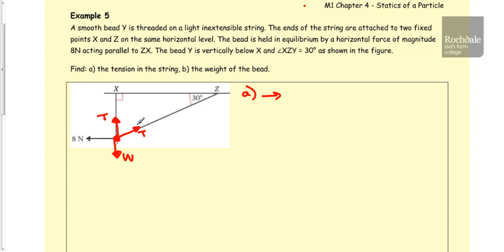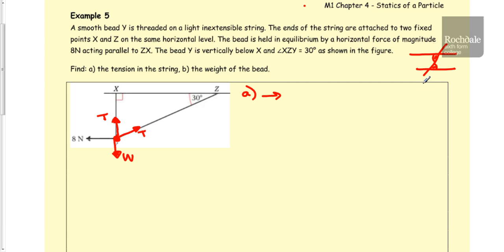Now this T here will have a component horizontally, and it will be turning through an angle, but we need to be clear on what that angle is. Now, if you remember from year 7, when you were doing basic angle work, you might remember that this angle and this angle are equal. If that was 30 degrees, this would be 30 degrees.